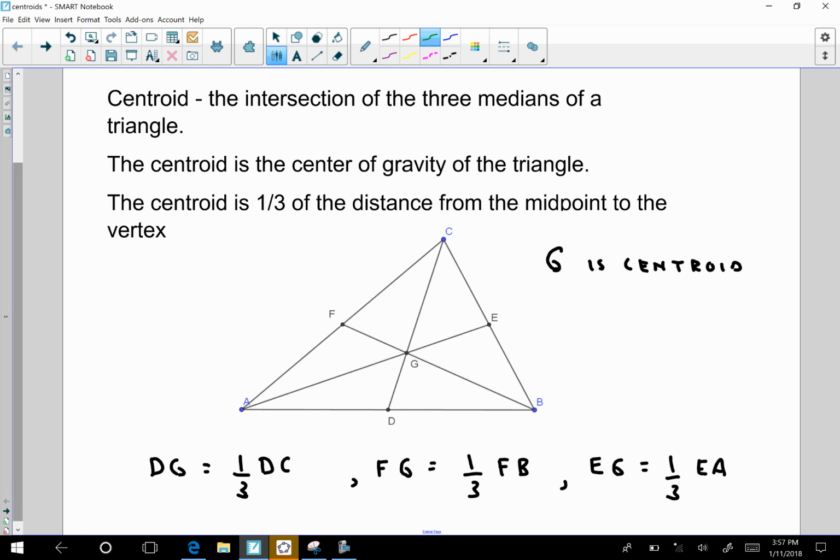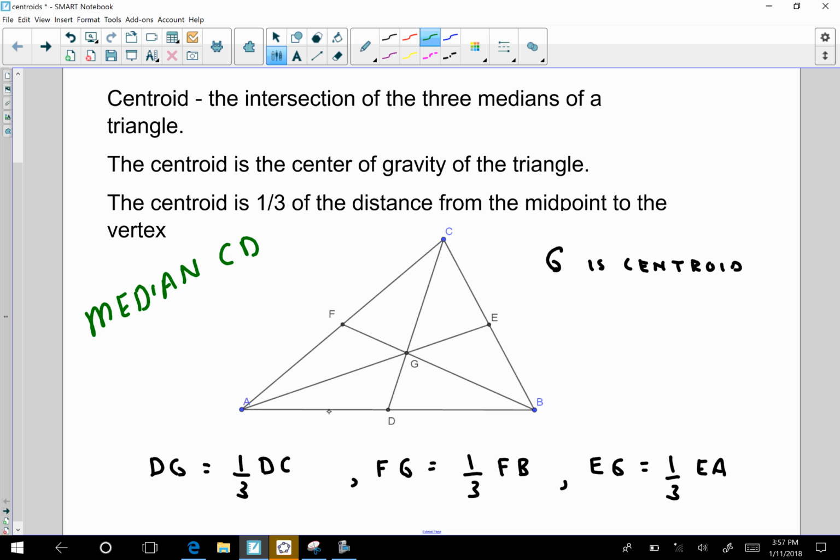That's the definition. So if I consider this triangle here, ABC, I have median CD. And CD is a median because it goes from vertex C to D, which is a midpoint of side AB.